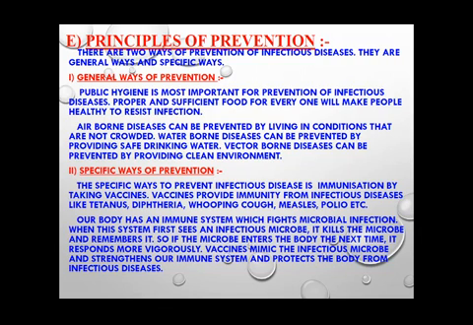So what do the general ways of prevention say? Public hygiene is the most important for prevention of infectious disease. Proper and sufficient food for everyone will make people healthy enough to resist infection. Just as we all are going through COVID-19 circumstances, we know very well that doctors ask us to wash our hands quite often in a day, as many times as we can.